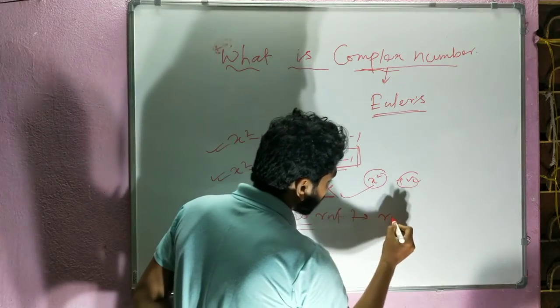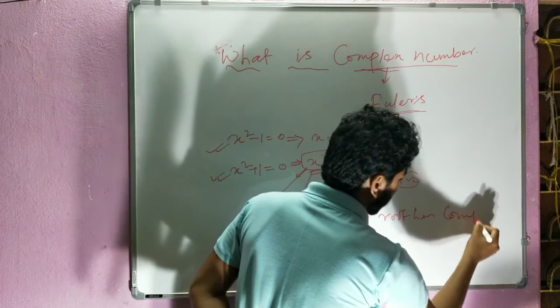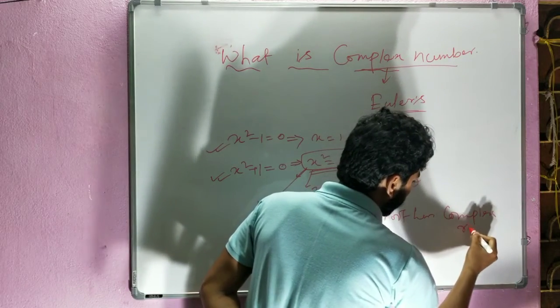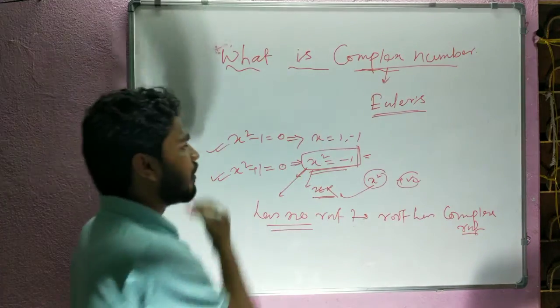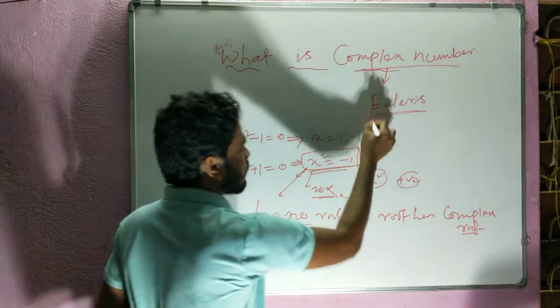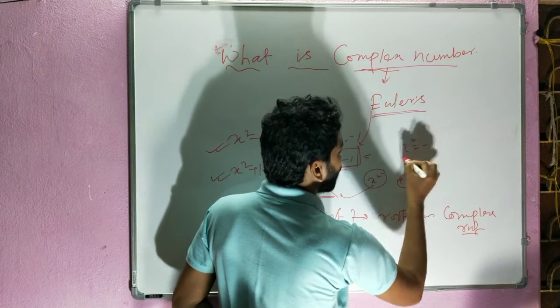The root is a complex root. That means Euler assumed i square equal to minus 1.